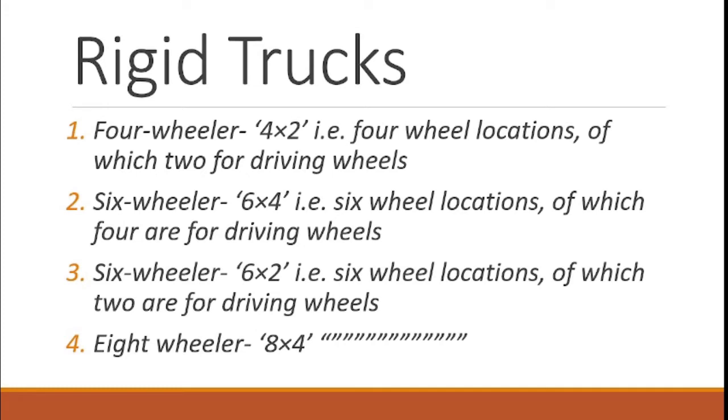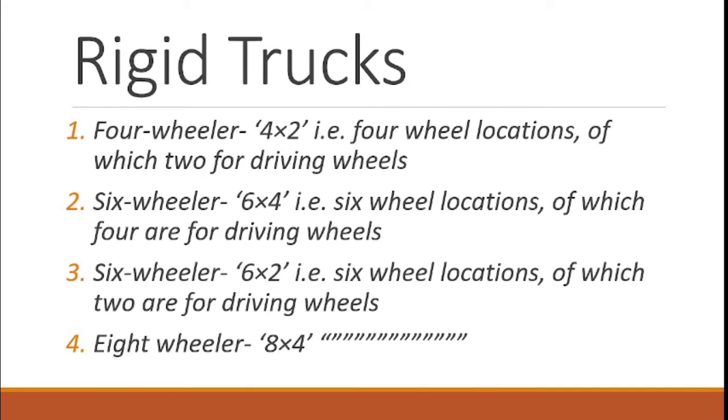So you have 4 wheel locations, but the 2 at the back are for driving wheels. A 6-wheeler, 6x4, means 6 wheel locations, and 4 of which are for driving wheels. So you'll have 6 wheel locations, but 4 of those are for driving wheels, and in that case it means that you have a double axle.